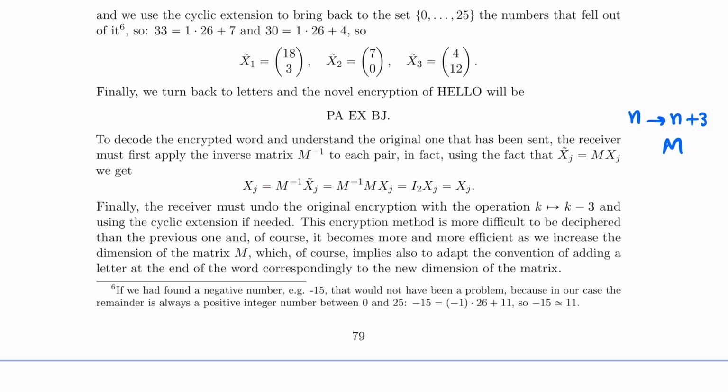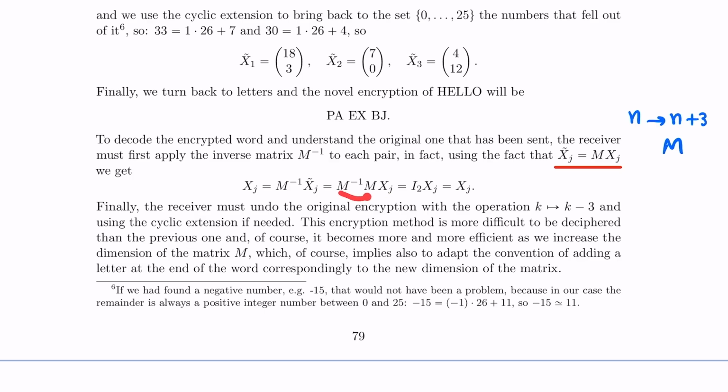Why that? Well, you have to remember that we have defined x tilde j as M applied to xj. So, if we apply M minus 1 to x tilde j, we have M minus 1 times M times xj.